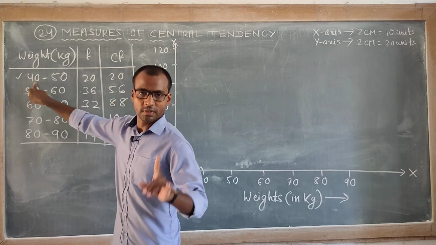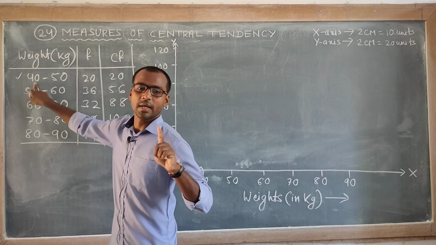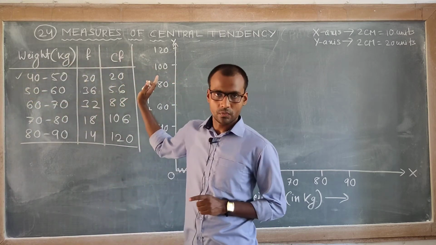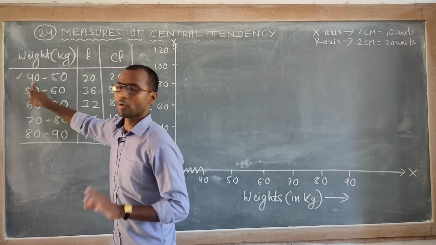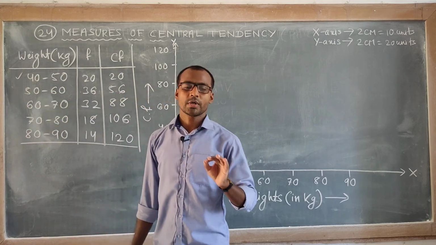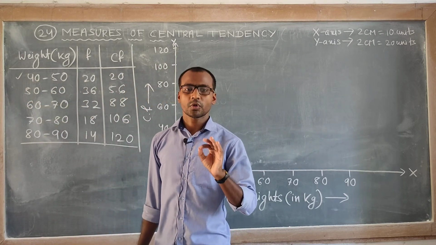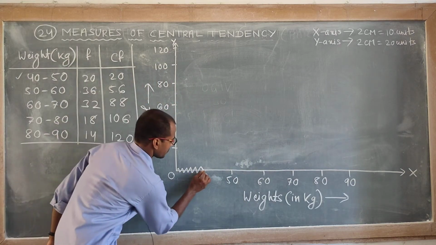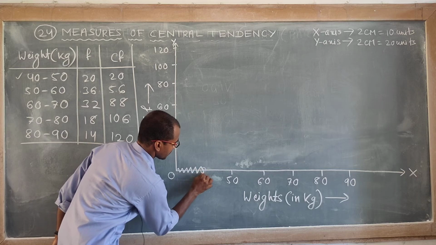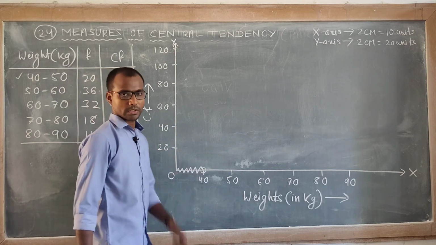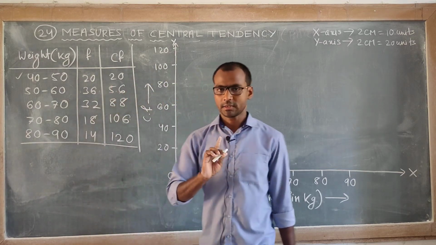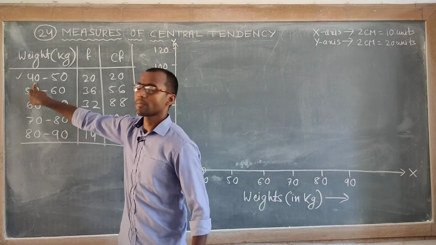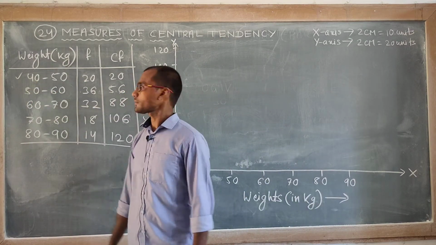Take the lower limit of the first class interval, that is 40, and cumulative frequency 0. Okay, 40, 0. So plot the point whose coordinates are 40, 0. Okay, so 40, 0 will be this one. 40, 0 means always start from the x-axis, by taking the lower limit of the first class interval.